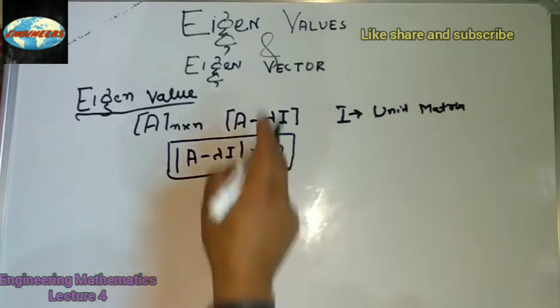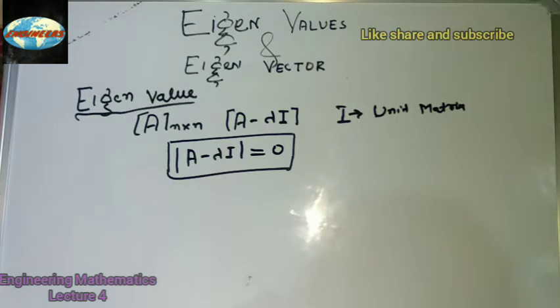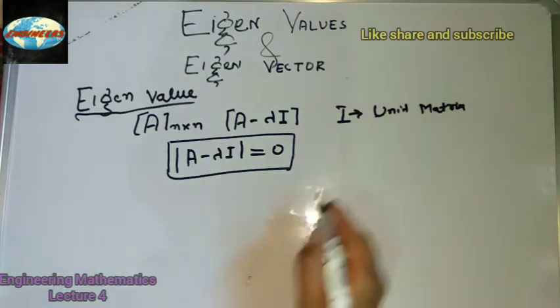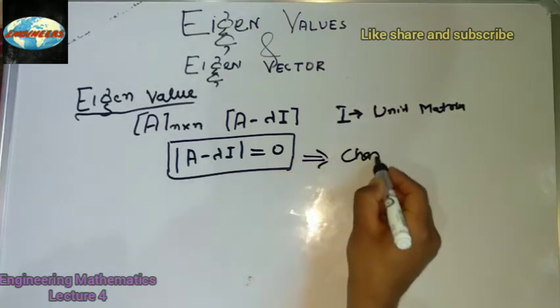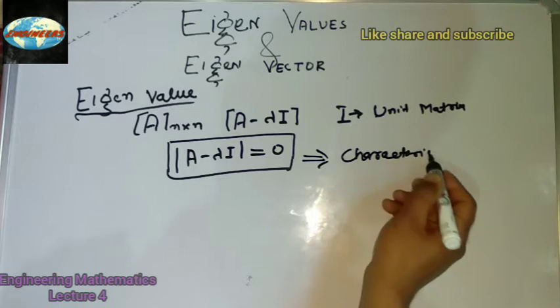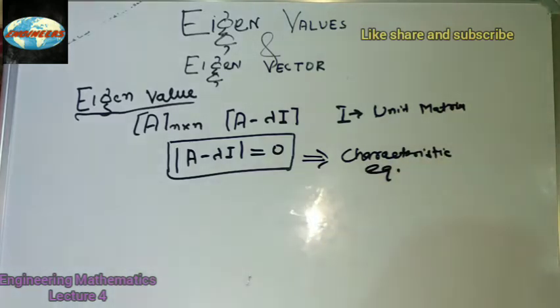After doing that, one equation will be formed, and that equation is known as the characteristic equation. For every equation there are some roots.